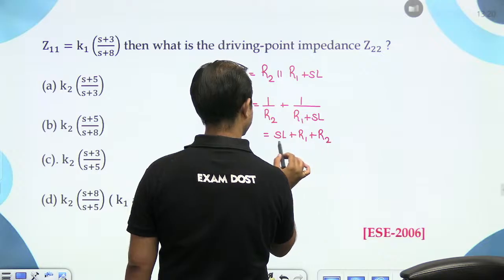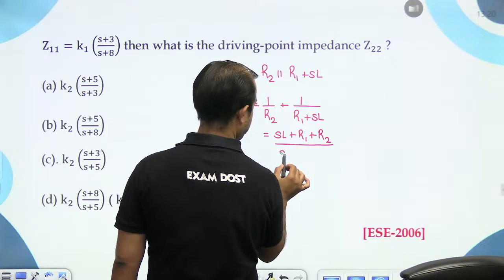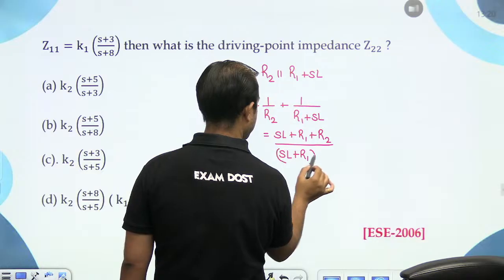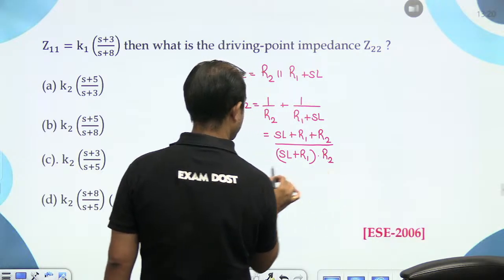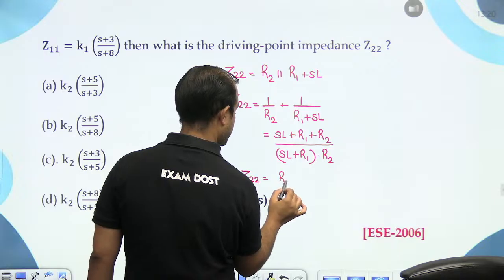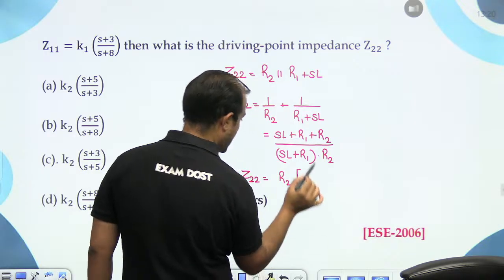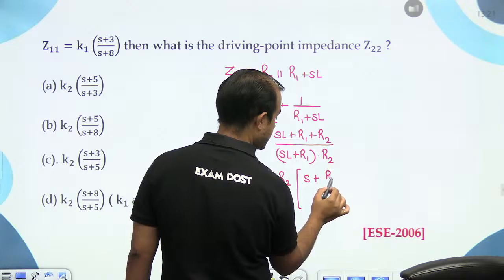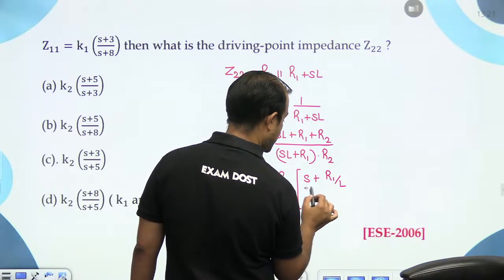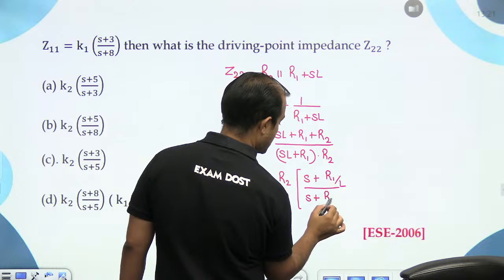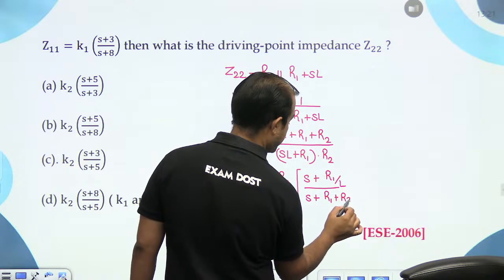तो ये आया. So now Z22, the scaling factor is now R2, R1 by L. So the denominator is same.